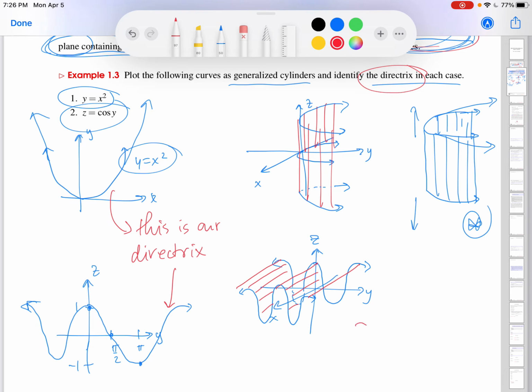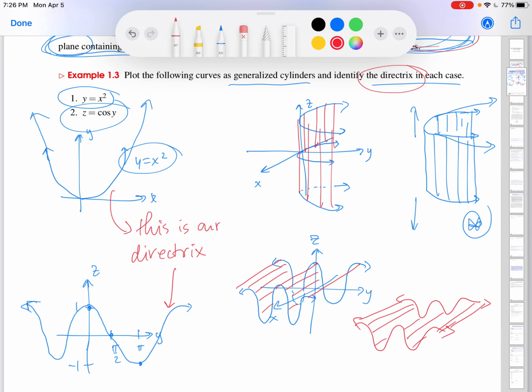You have this wavy sheet that continues to wave, and has these rulings that are parallel to the x-axis, and of course it goes off in both directions infinitely far. So that is the generalized cylinder that we obtain.